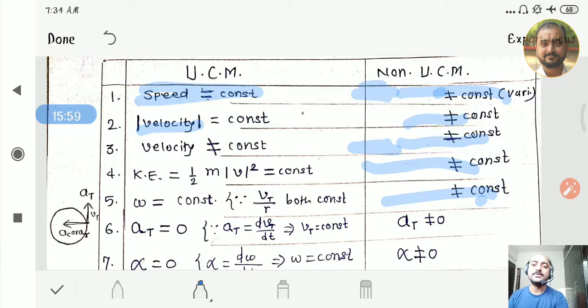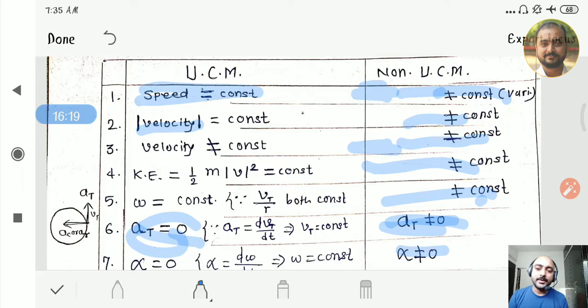Okay, tangential acceleration remains constant, or remains zero, in case of uniform circular motion, but in case of non-uniform circular motion it is not equal to zero. Okay, what about the angular acceleration?